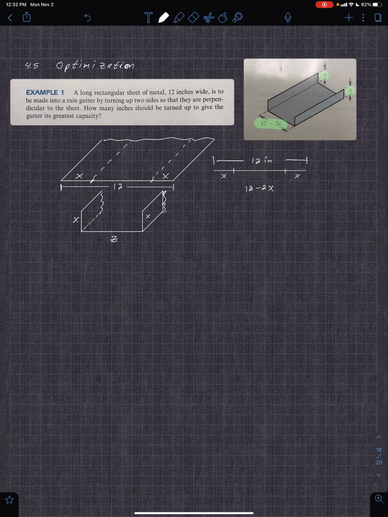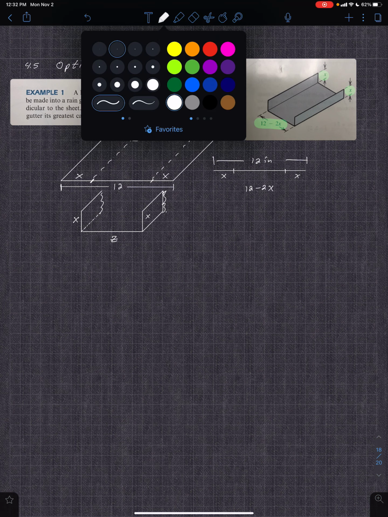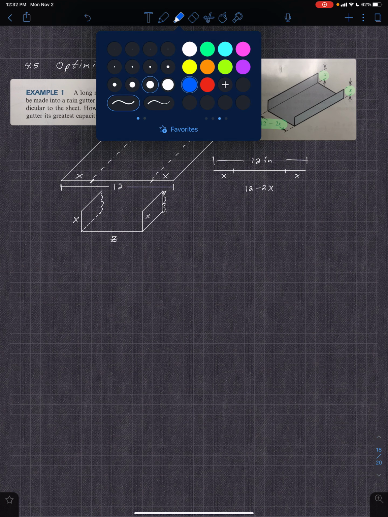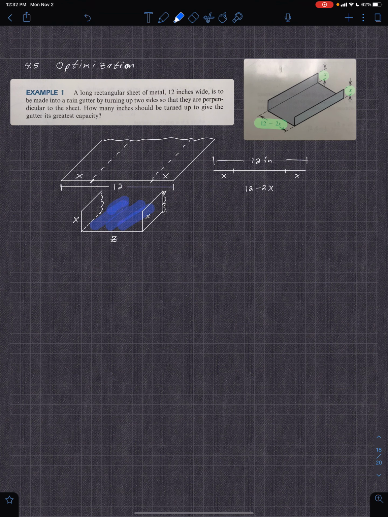All right, so now what we're looking at for greatest capacity is the capacity of the water running through it. Your greatest capacity is going to occur when your cross section is the largest. We want to maximize the cross-sectional area.